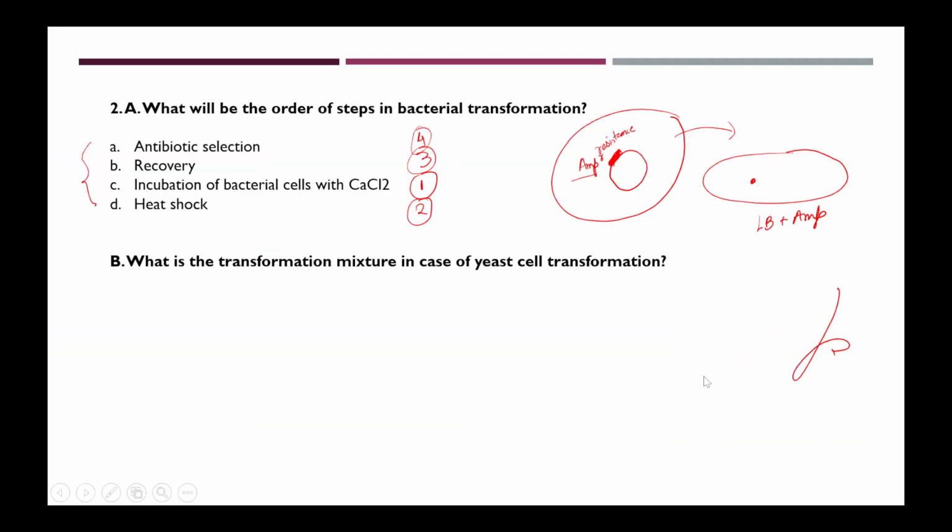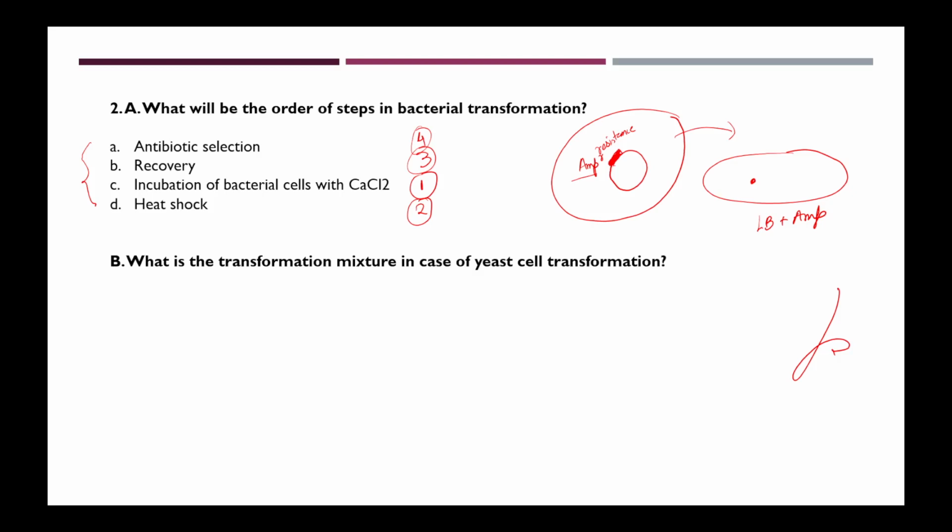Okay, so this will be the order of the steps. First, we'll incubate the bacterial cell with calcium chloride so that it can become permeable, and then we'll add the DNA to that particular cell, and allow the DNA to come to the surface of the bacterial cell. Then we'll give a heat shock so that a transient opening of pores can happen and DNA can come inside the bacterial cell.